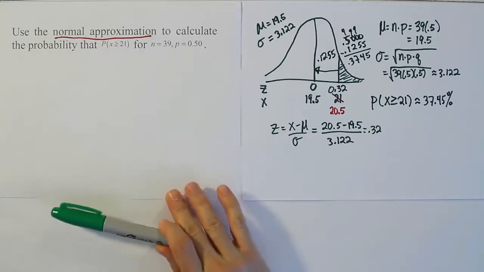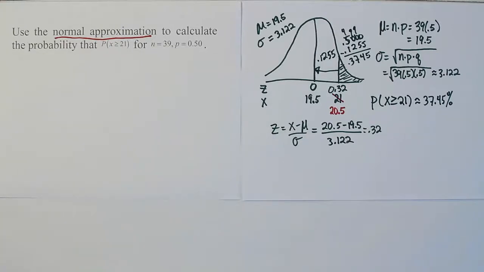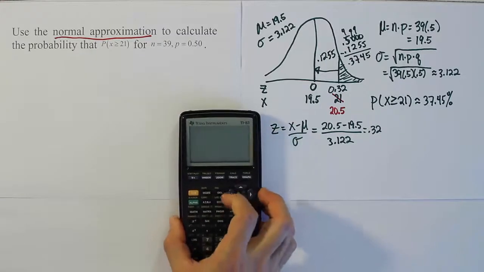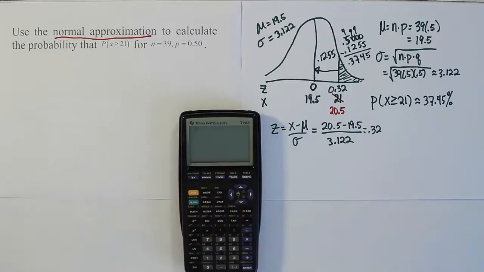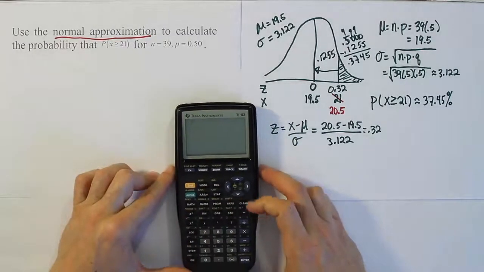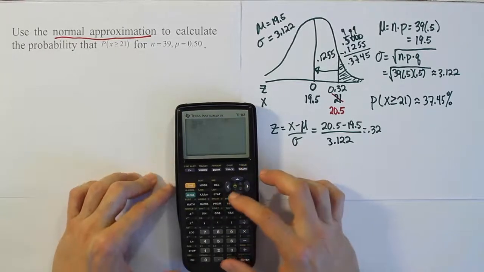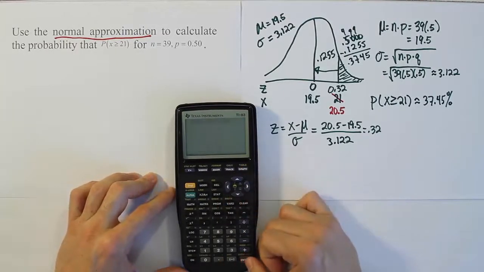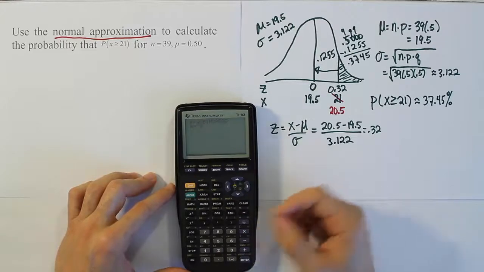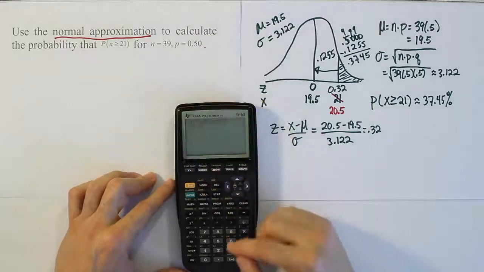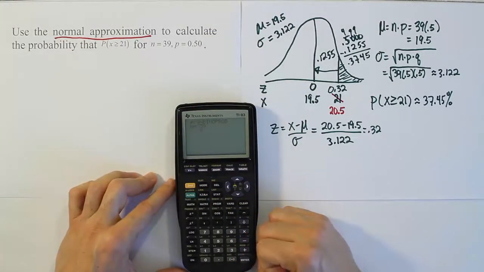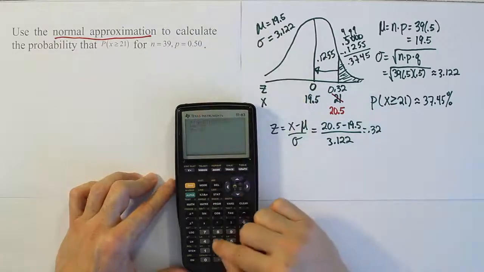To demonstrate that, let's look at my graphing calculator here. The graphing calculator has its own program, but I've written my own, which I think is a little better. I'll type in binomial probability from my program menu. I hit enter. It wants to know what n I'm dealing with. In this case, I'm dealing with 39. It wants to know what the probability is, so I'll give it 0.5.